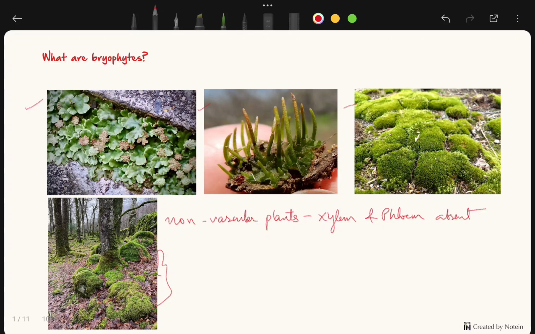And as mentioned, they do not have any complex tissues, and this is the reason why they are tiny, and they are known to live and grow close to ground or water in order for them to stay moist. Which means that water is very important for them. They are land plants, but they require water for fertilization, and this is the reason why bryophytes are also regarded as the amphibians of the plant kingdom.